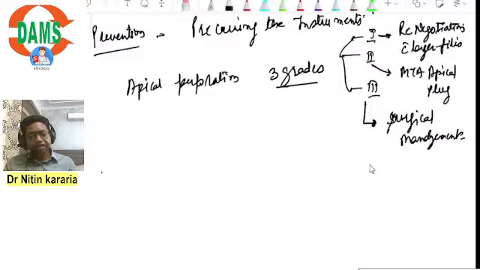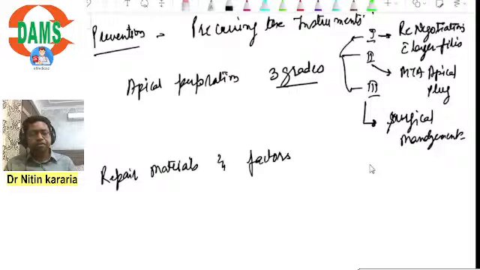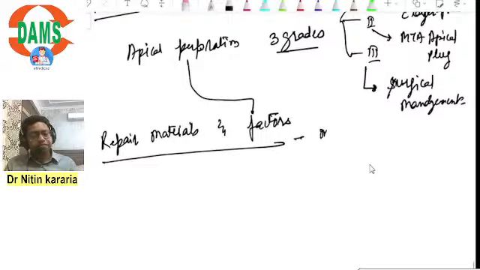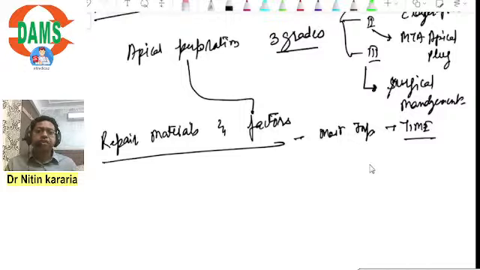Okay. Repair materials and factors affecting the prognosis of perforation. Whenever there is perforation, what are the factors? The most important factor which affects the prognosis is time. The perforation in any case should be repaired as soon as it occurs, because if we wait even for a single day, there are chances of formation of granulation tissue that would interfere with the successful repair of the perforation.